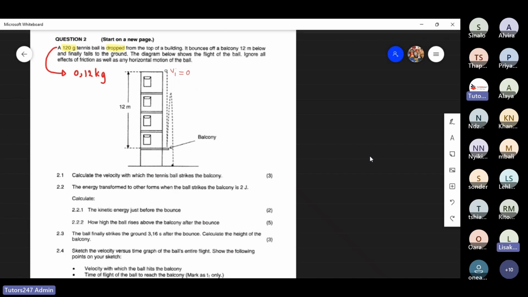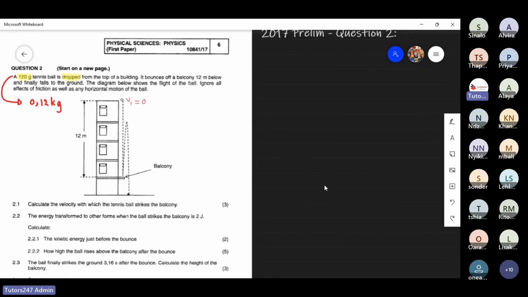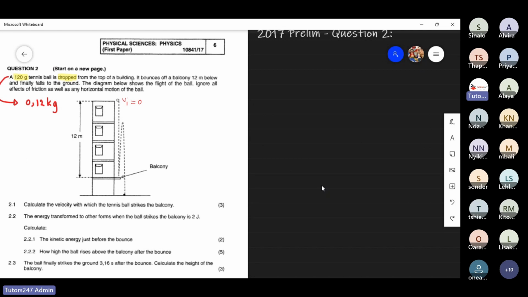So a few important things that we need to do before we can get to the calculation part is we need to identify which direction we are taking as positive. Now that choice is completely up to you. If I take upwards as positive, it does not mean that it is compulsory, nor are you obligated to take upwards as positive. So for all the calculations that we are going to do today, unless otherwise stated, I'm going to assume upwards as positive.